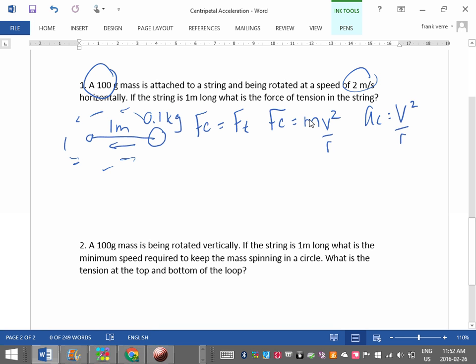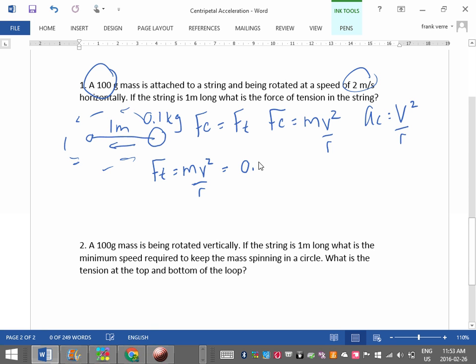Force. Okay. So the centripetal force is mv squared over r. And because we know that it's the same as the tension, we can say the tension is mv squared over r. So now we can go ahead and solve this.